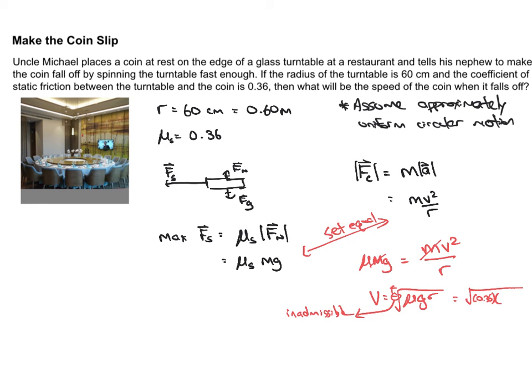So what I'm solving for is the maximum centripetal force, basically. This is the maximum centripetal force that the table will possibly be able to provide this coin. And if it were to spin any faster, it would require a higher centripetal force, but it can't do it because there's only a maximum value for the static friction.